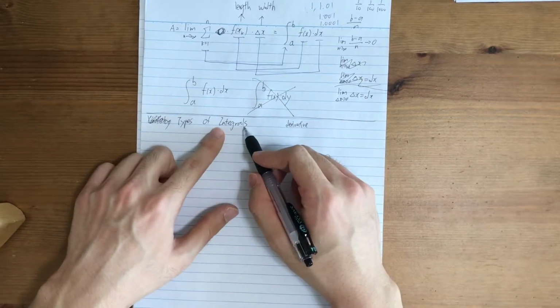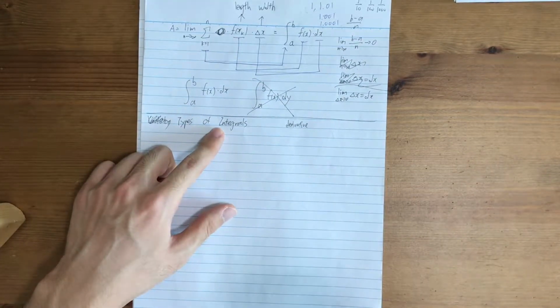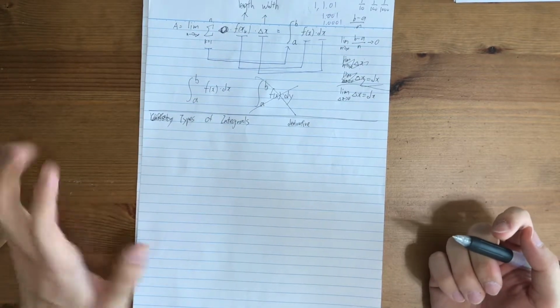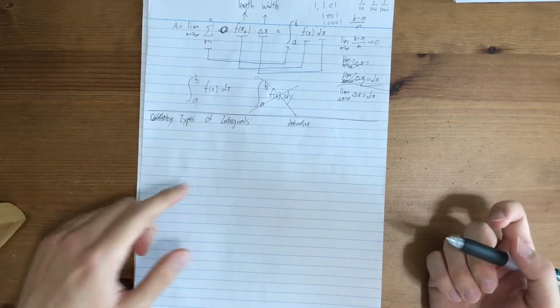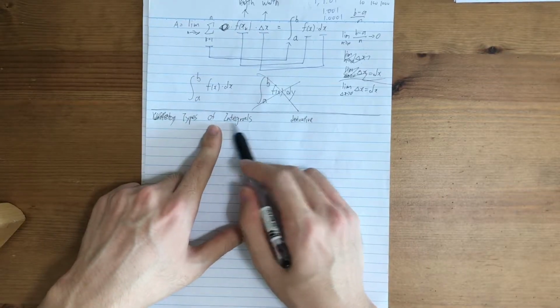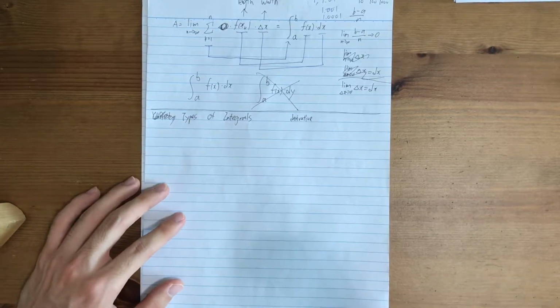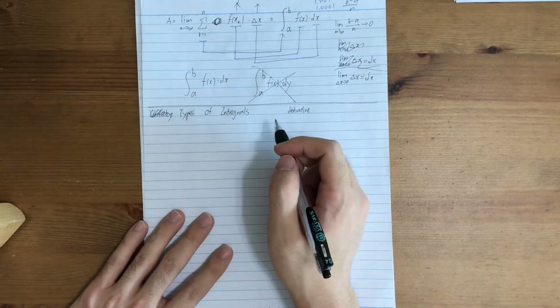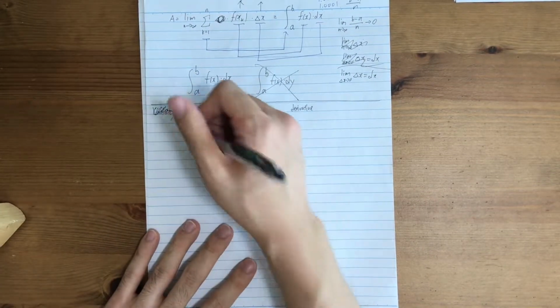An integral means you integrate a function, but there's no such thing as a first integral or second integral. You just integrate once. So an integral means an integrated function. There are two main types of integrals.